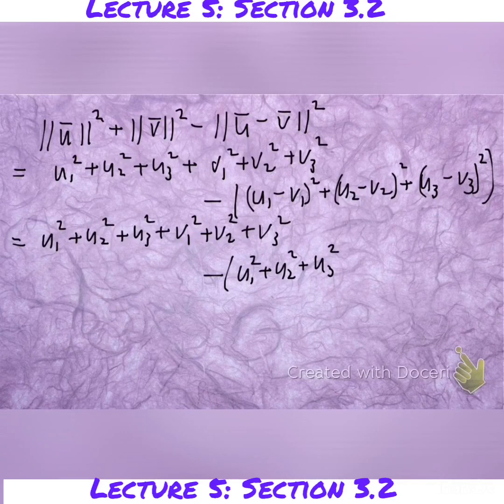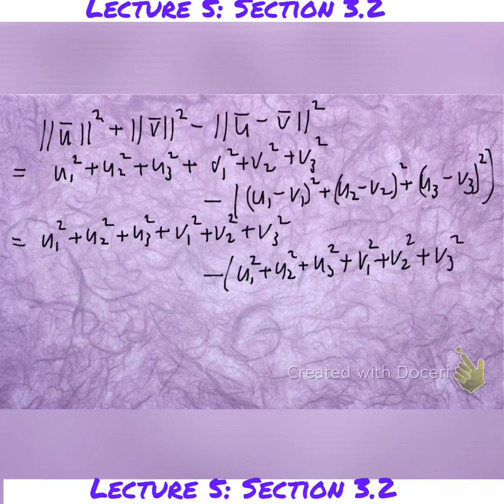And then you've also got your v terms, right? So you're going to have plus v1 squared plus v2 squared plus v3 squared, okay?